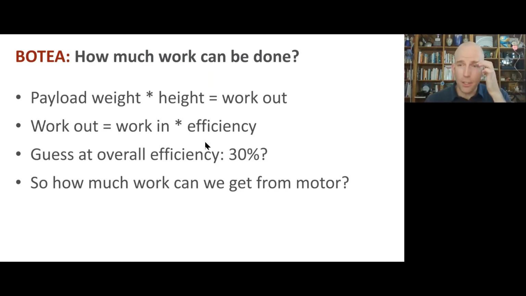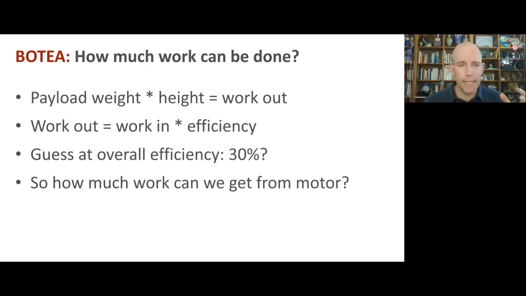And we could guess at the overall efficiency just to get a back-of-the-envelope estimate, right? This might be wrong by a factor of 2 or 5 or something, but it might be order of magnitude reasonable, let's say 30%, based on our experience characterizing our gearbox in Project 3 and our theoretical understanding of the efficiency of custom gears from our topic reading subject.